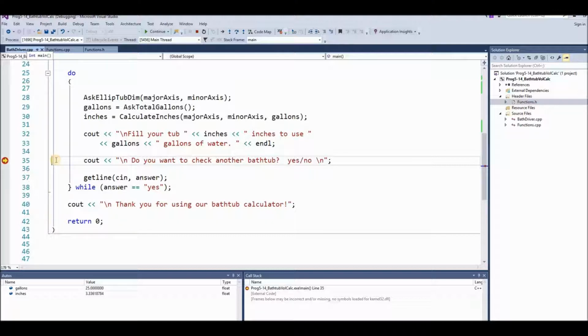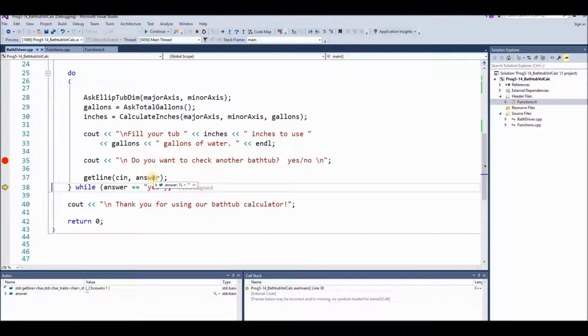And so I'm going to use my single step right here, step over F10, and I'm going to get to getline. And I'm going to step over getline, and what is answer? Answer is blank. Well, getline's supposed to read a string, and yet it's reading a blank. How did that happen?